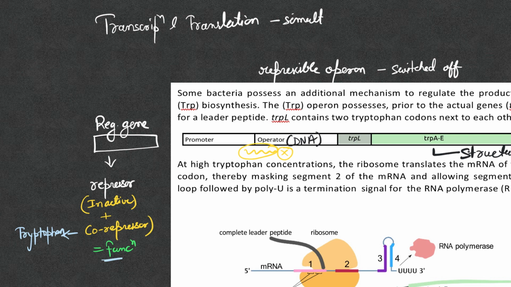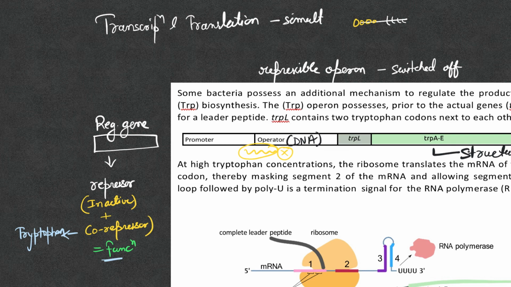Now when I say simultaneously, they're not occurring at the same time. By this, it means that one part of the segment is being transcribed and the translation has begun a couple of nucleotides away, right? So at the same time, the part of DNA is being transcribed, and as the transcription proceeds ahead, a few nucleotides, actually hundreds maybe, the translation begins.